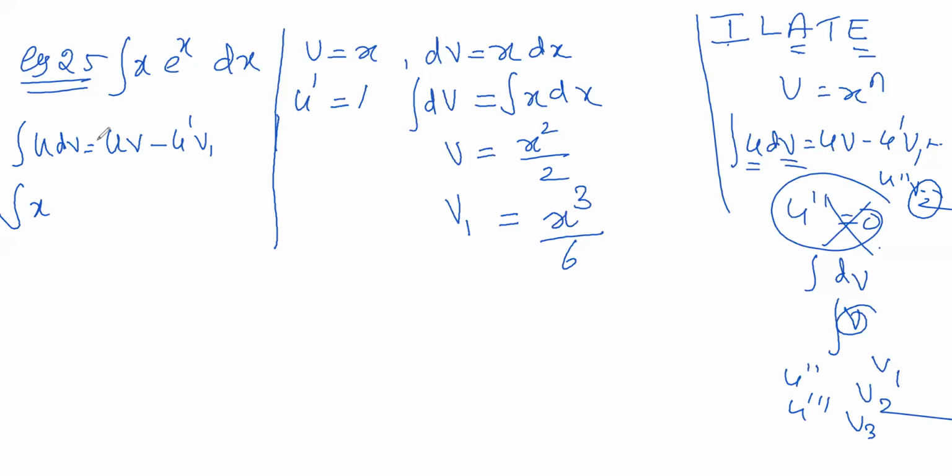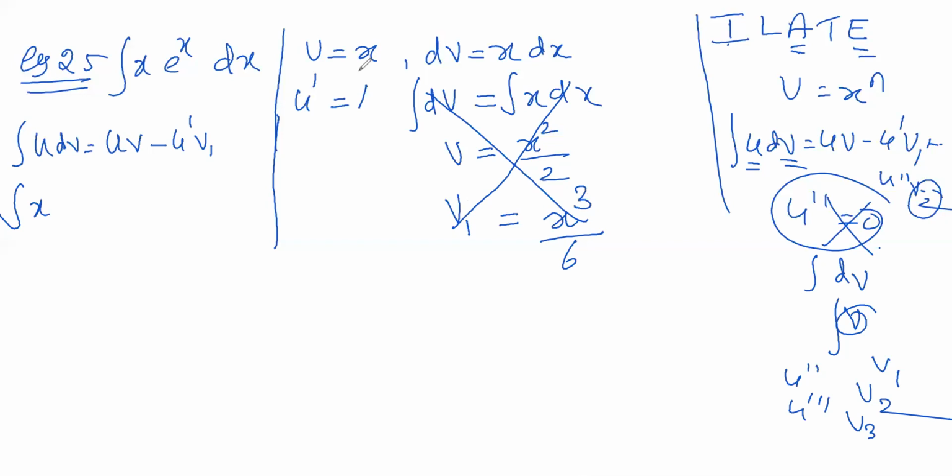Sorry, u is equal to x, we have taken. And what about dv? dv is equal to what? Simply e power x, no? So this version is wrong. Correct? Yes, already taken u is equal to x.